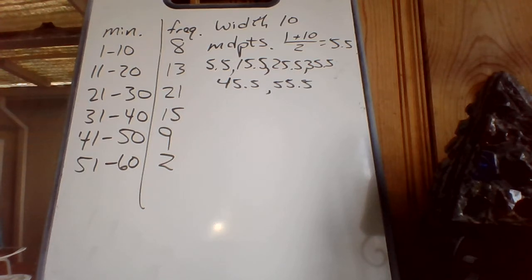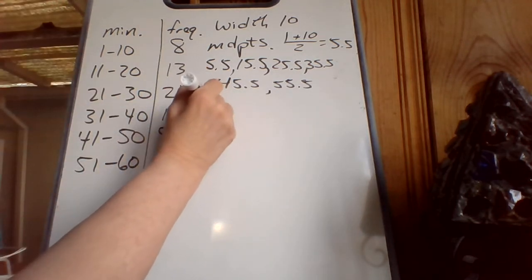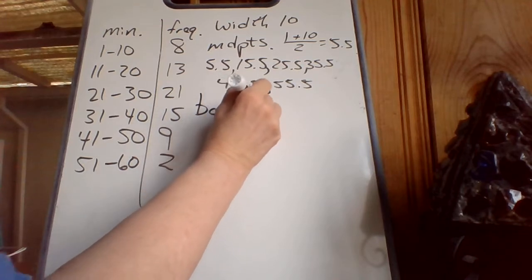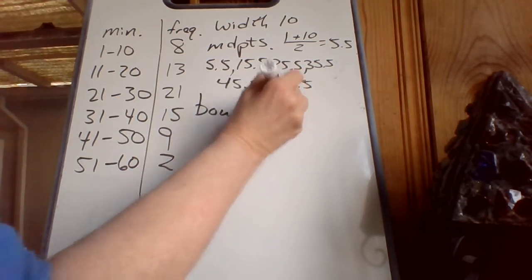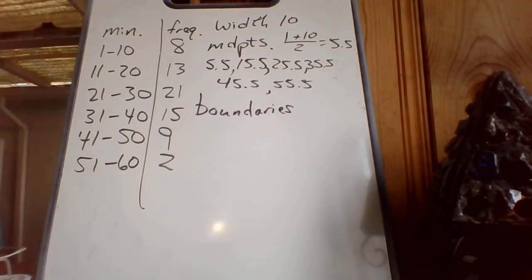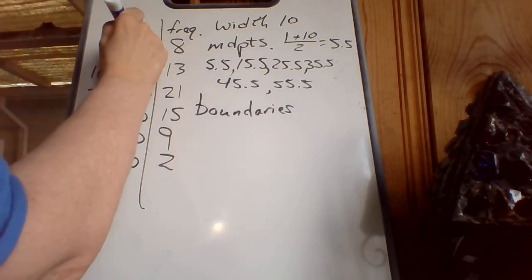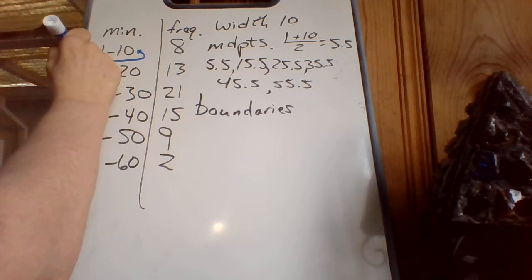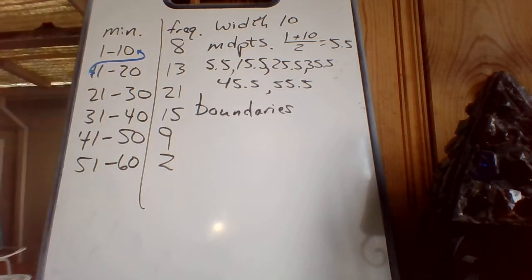All right, now the boundaries. The boundaries are in between classes. Something has got to be in here somewhere in between 10 and 11. If I come up to you and say, quick, give me a number between 10 and 11, you'd say 10.5, halfway between.